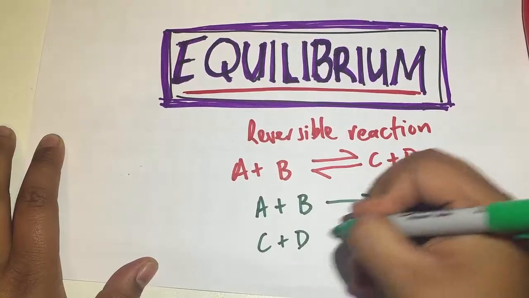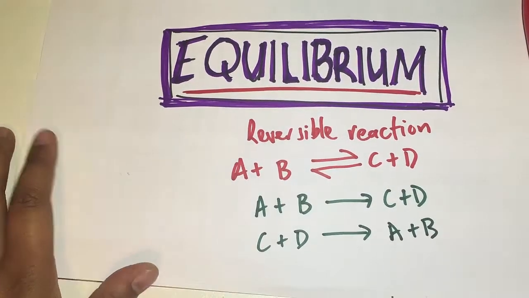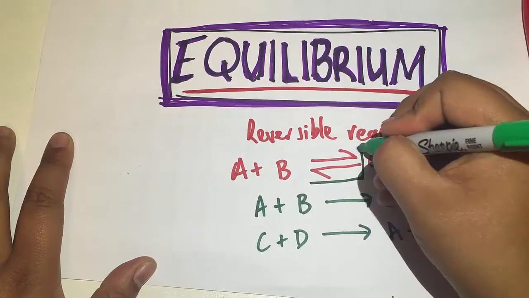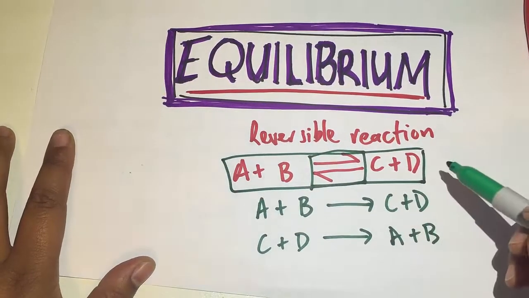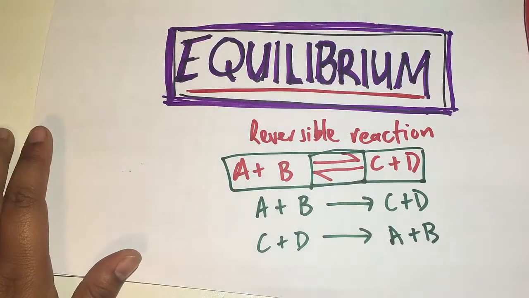So C plus D could also create A plus B. In order to save on time, therefore, we use this reversible arrow to show that for this whole entire reaction of A plus B going to C plus D, it can also go backwards.